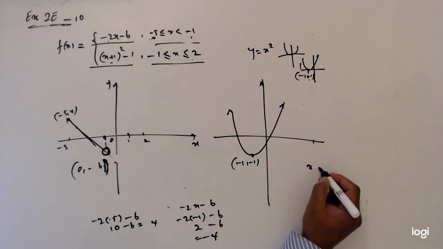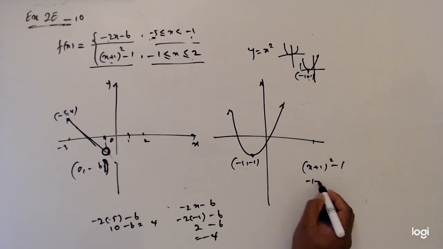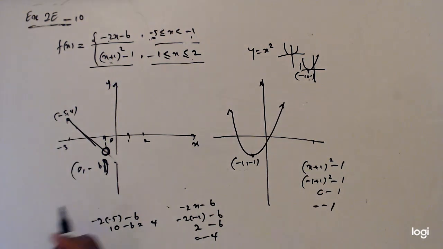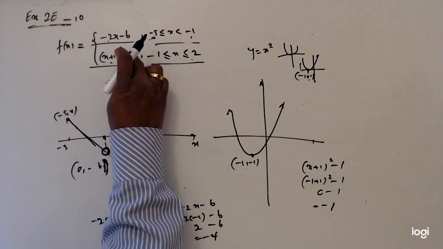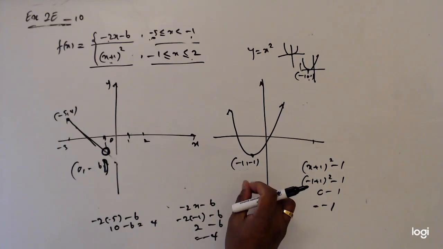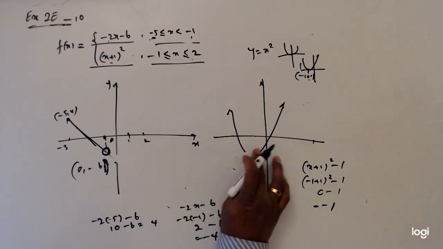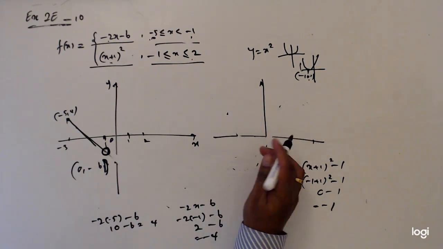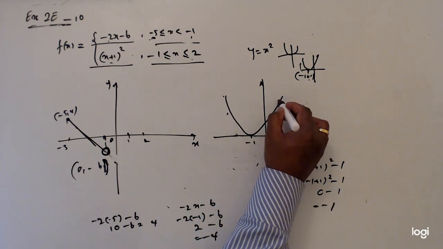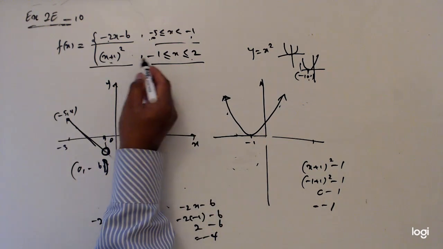The quadratic value, (x plus 1) squared minus 1. I had to do a small correction. This is not minus 1, it is (x plus 1) squared. It means we don't need to bring the graph down by minus 1. So the graph is going to be something like this, because accidentally I took this minus 1 to here.